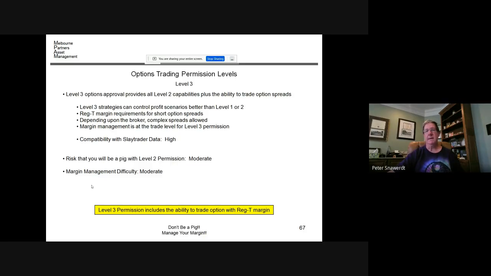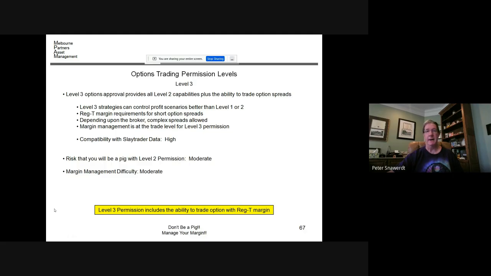If you could make $10 every day trading option spreads on top of that stock portfolio, that $10 every day will add at least $2,500 to your $20,000 at the end of the year, because there's 250 trading days. $2,500 on top of what you made in your stock portfolio.